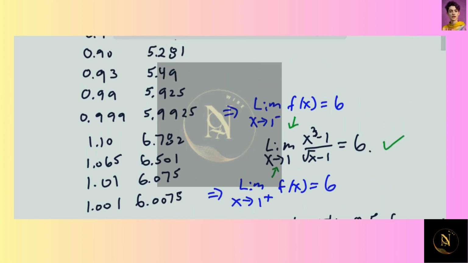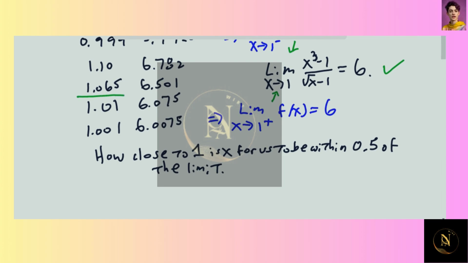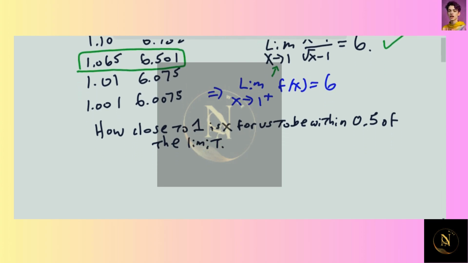Okay, the limit is 6, then I want to be at 5.5 to 6.5, don't I? And I can see right there that I have to be at 0.93 or 1.065, right? Okay, so I have to be 0.93 less than or equal to x less than or equal to 1.065, right? Within that range.